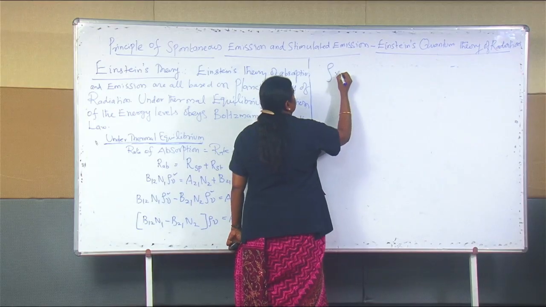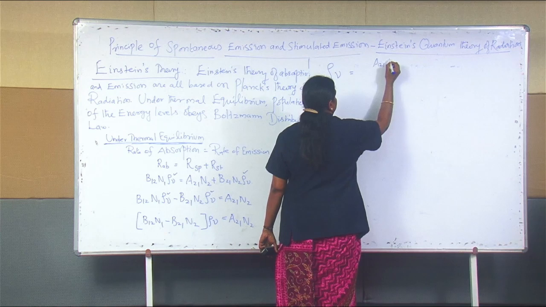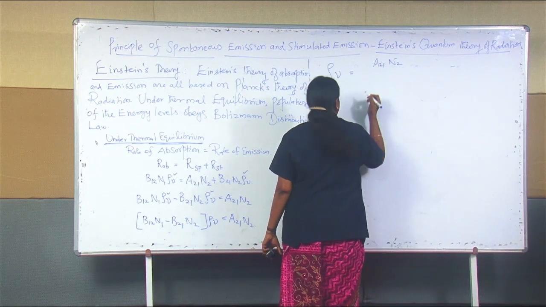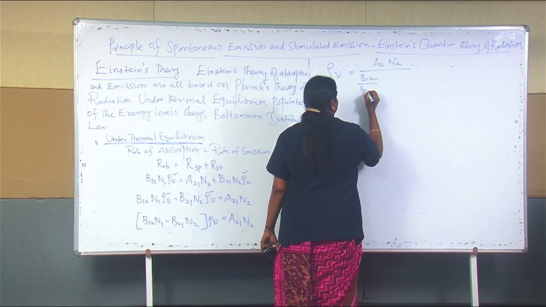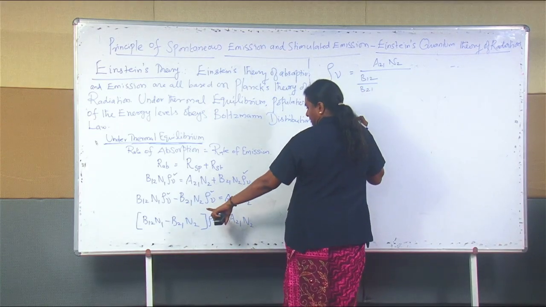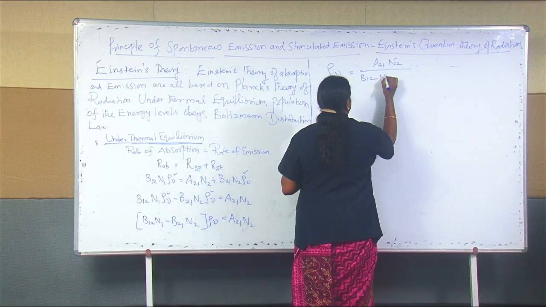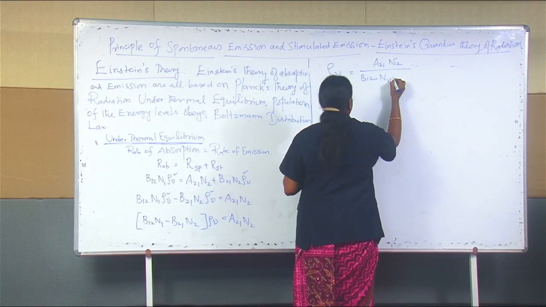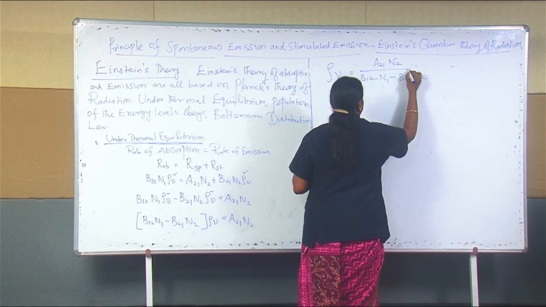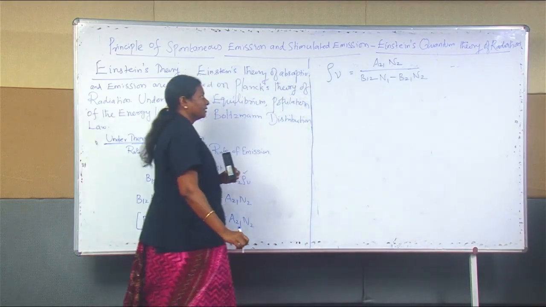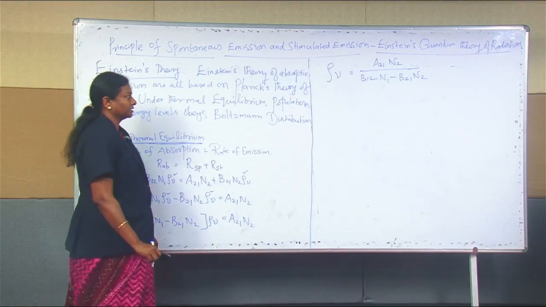This rho nu, the energy density, is equal to A21 into N2 in the numerator, divided by B12 N1 minus B21 into N2. After moving these two terms to that side, we have this equation.